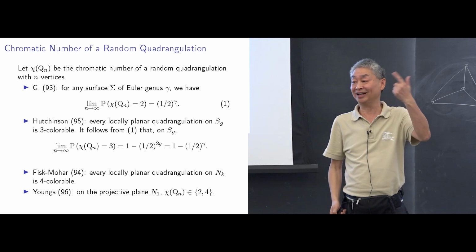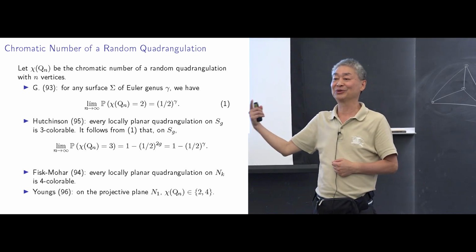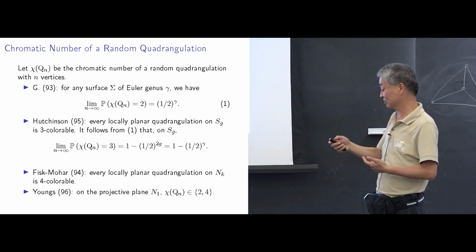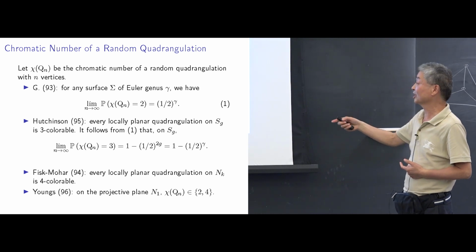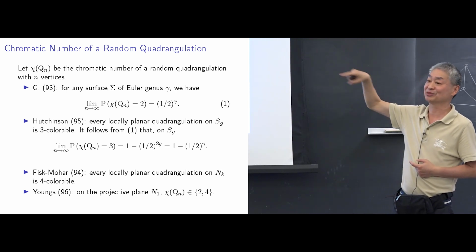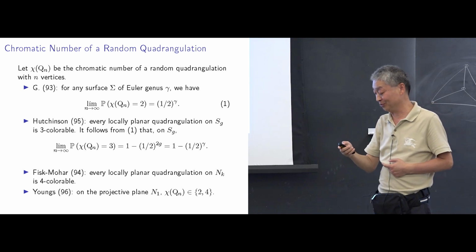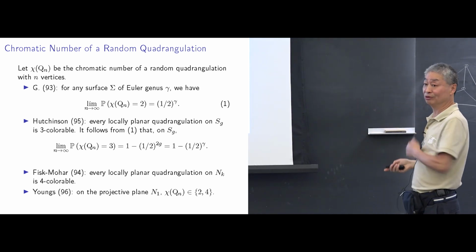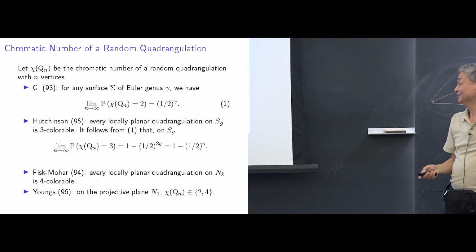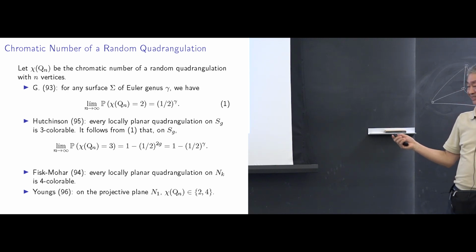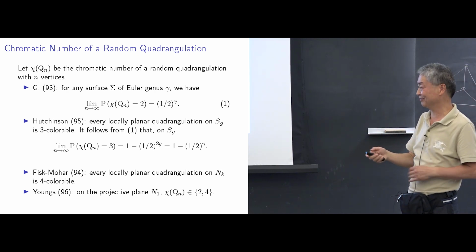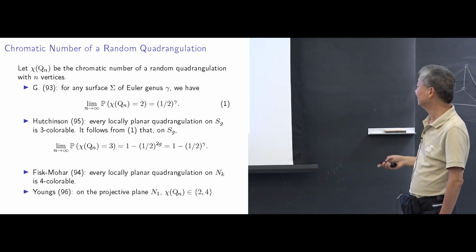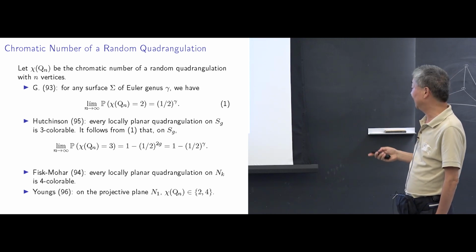Either it's bipartite or its chromatic number is equal to 4. Only 2 possible values. Of course, this 4 also comes from Hutchinson's bound, similar to Hewitt's bound. So either 2 or 4. Interestingly, the proof was not too difficult, just a 1-page argument using parity.